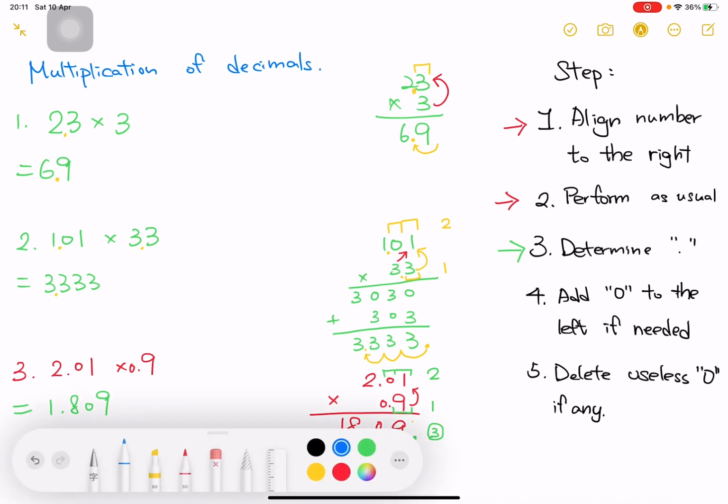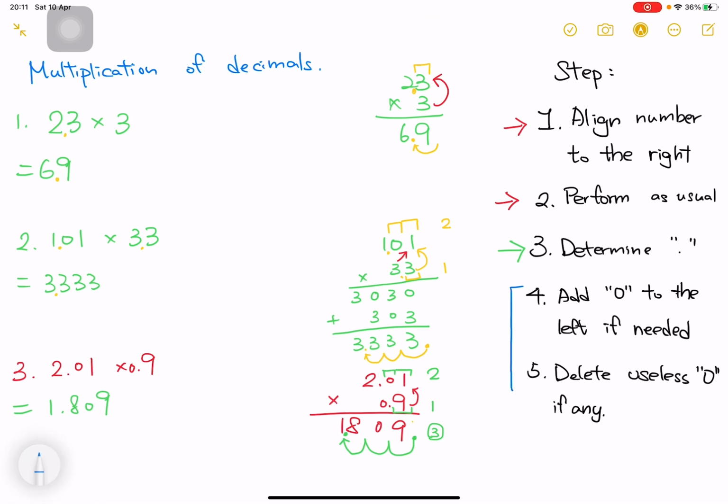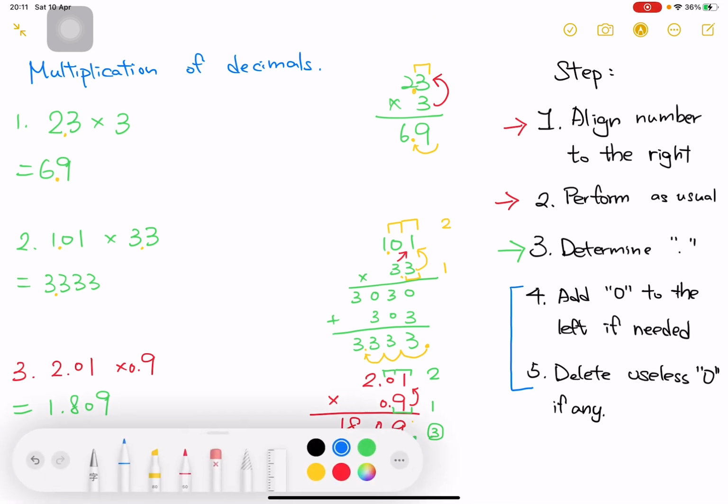And you may ask, what is the next part? You see that I write 2 more here: add the 0 to the left if needed, or delete the useless 0 if any. What this means is, if you see some decimals like this, let me change my question a little bit.